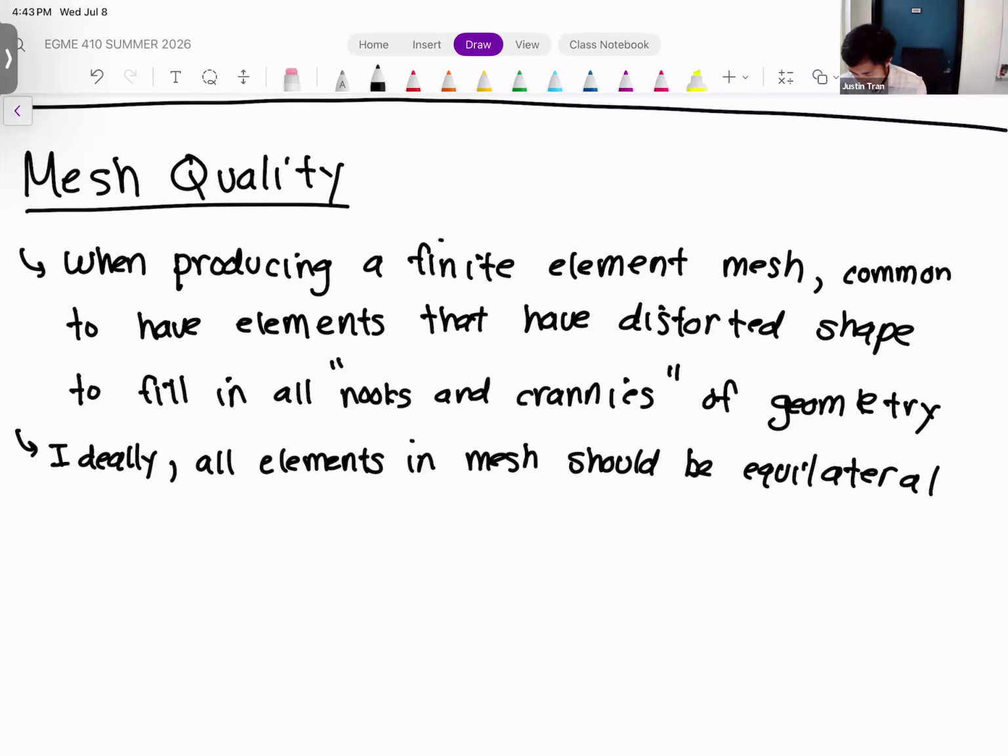Because what we're going to talk about soon is that equilateral elements produce good quality solutions.